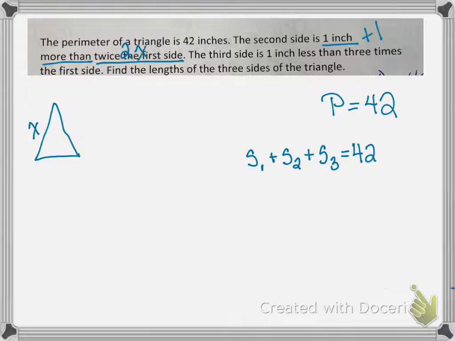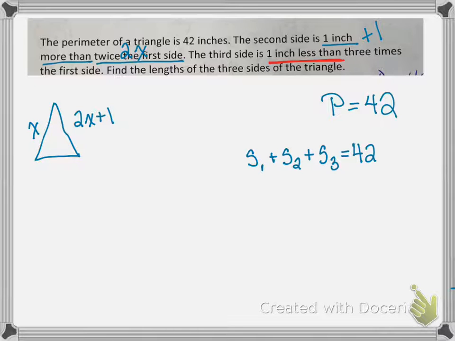How do I write that together? 2x plus 1. Got it. So here we are, 2x plus 1. The third side is 1 inch less than. That's important. How do I write 1 inch less than? Good, and it's got to go second.